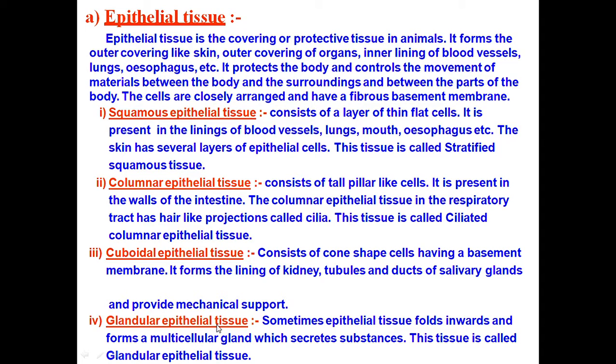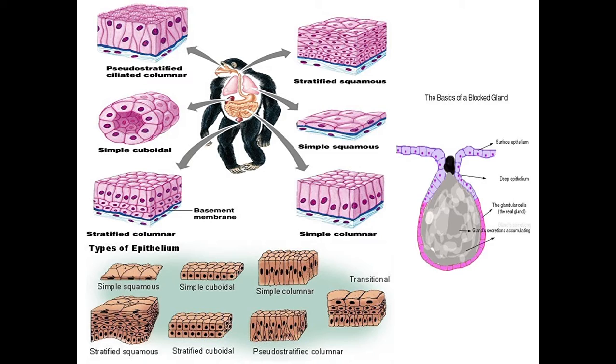This tissue is present in the glands because sometimes the epithelial tissue folds inward and forms a multicellular gland, and because it is a gland, it secretes some substances, and this is known as glandular epithelial tissue. You can see the structure of different types of epithelial tissues. This is simple squamous epithelial tissue, simple cuboidal tissue, simple columnar tissue, then stratified columnar, different layers are there, stratified cuboidal, again the layers are present.